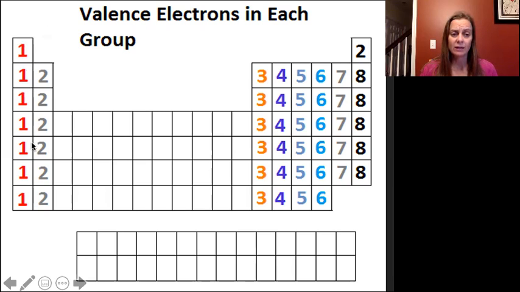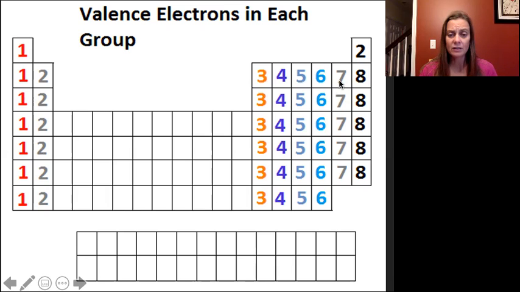You can see that group 1 has 1 valence electron, the alkali metals and hydrogen. Group 2, the alkaline earth metals, have 2 valence electrons. Moving over to the boron family, we have 3 valence electrons. The carbon family has 4 valence electrons. Nitrogen family has 5 valence electrons. The oxygen family has 6.